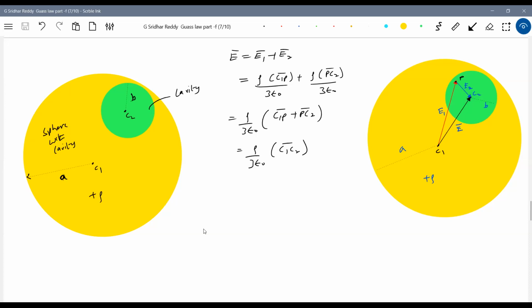This is the resultant field, within the cavity. Positive charge should be radially outward, negative charge radially inward. So we'll get this one. Whether this cavity should touch the boundary, irrespective of that, it can be somewhere here, wherever it may be.